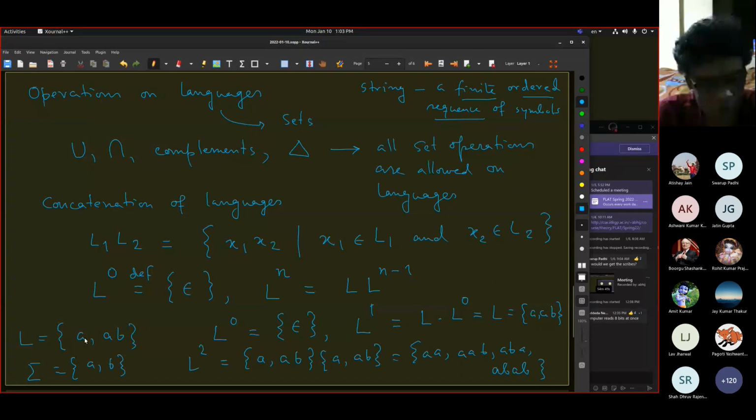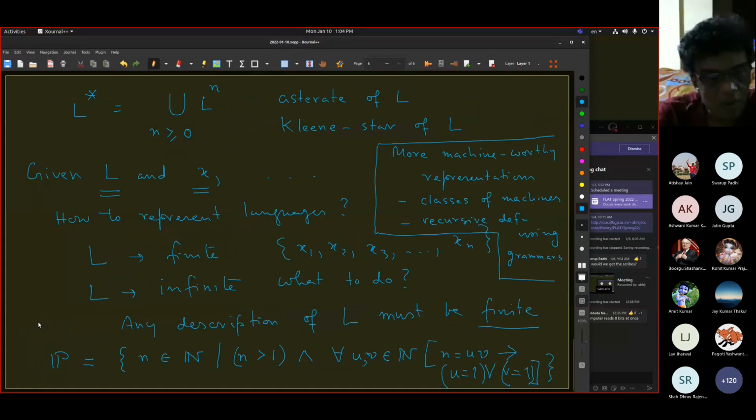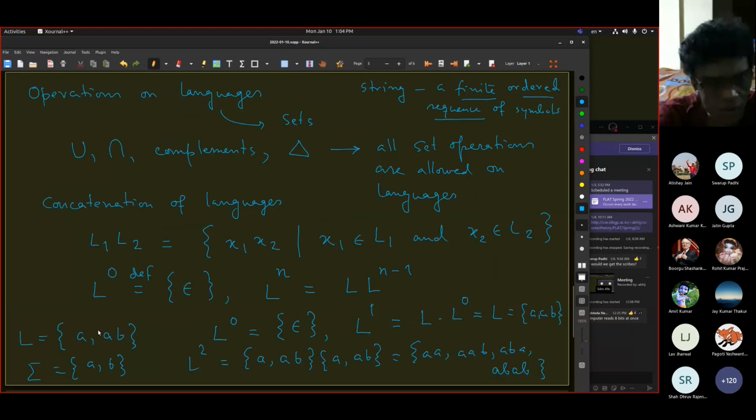L1 will contain A, L square will contain AA, L cube will contain AAA, and so on. So if I look at the asterisk of this L, it will be an infinite language. Among other things, it consists of all A power n strings. L itself is a finite language, right? Its asterisk is infinite. Okay, yes, thank you.